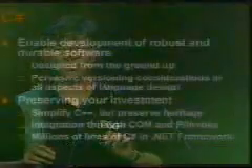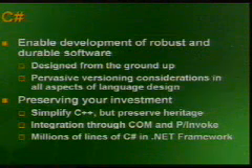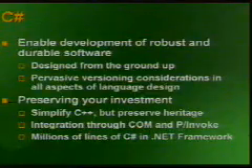For C#, we've also focused very heavily on enabling you to build robust and durable software. Of course, garbage collection, exceptions, and type safety are key concepts in the language. Since the language is built from the ground up, that's really the only way you get those concepts deeply integrated into a language.